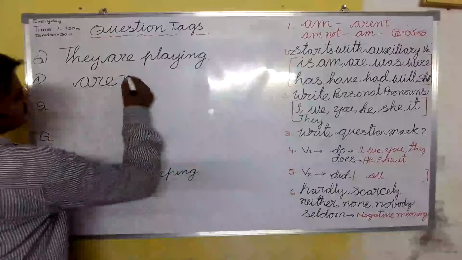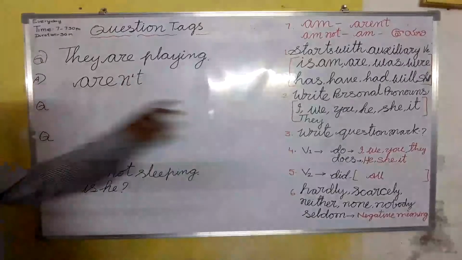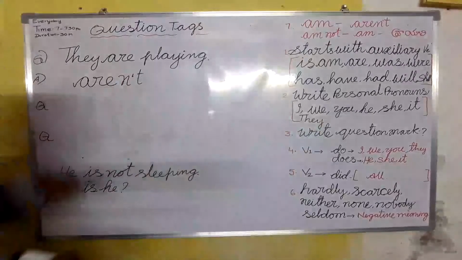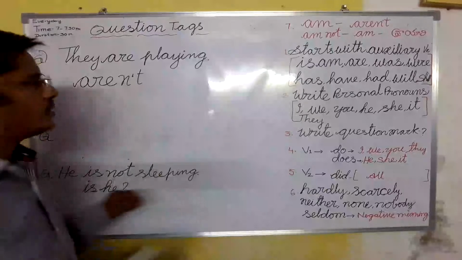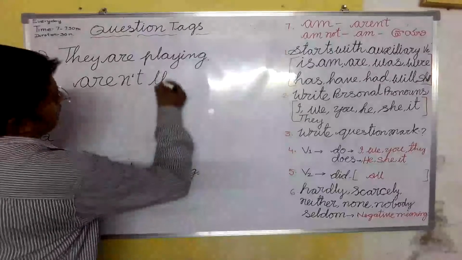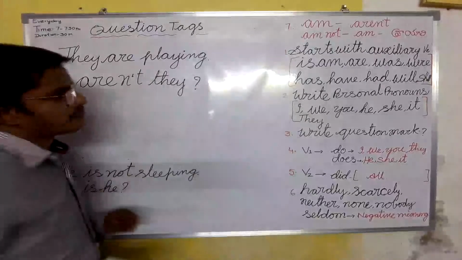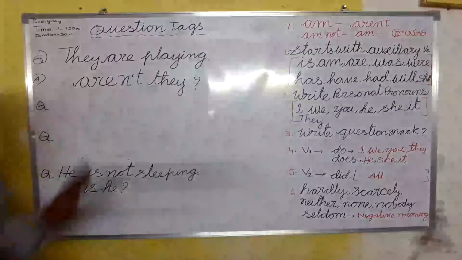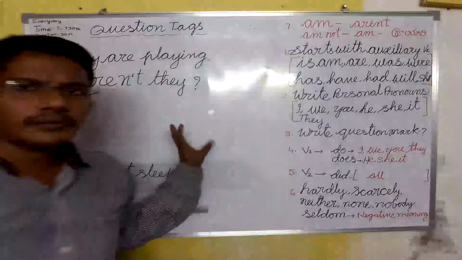Not means apostrophe n't. Aren't. Next, a pronoun should be used. What is the personal pronoun here? They. Question mark. Is it clear? Are you able to follow?